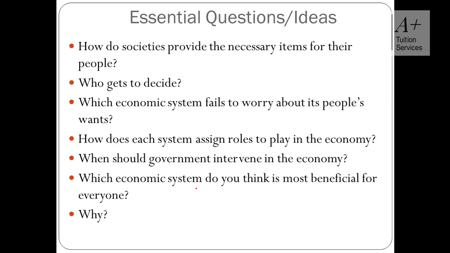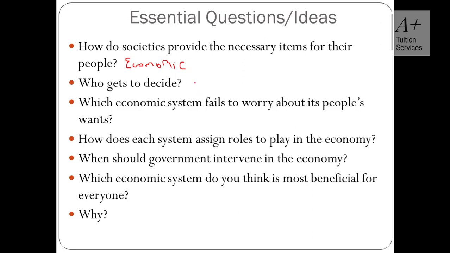So we have some essential questions and ideas, and this is something I want you to think about and we can discuss. How do societies provide the necessary items for their people? Society does so via an economic system.